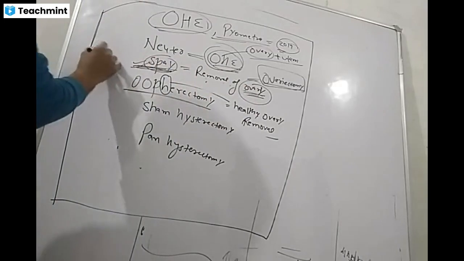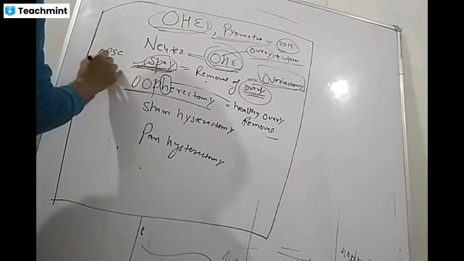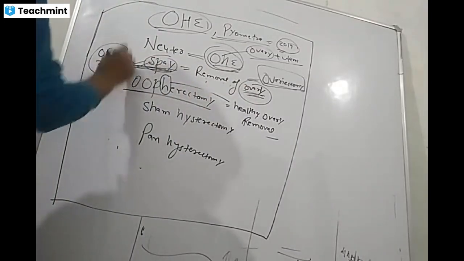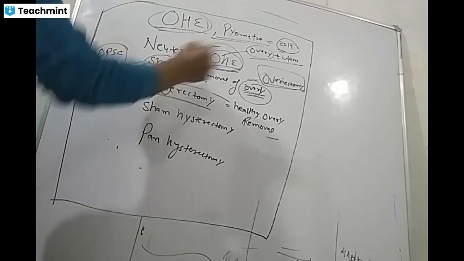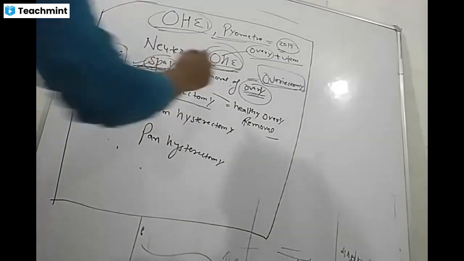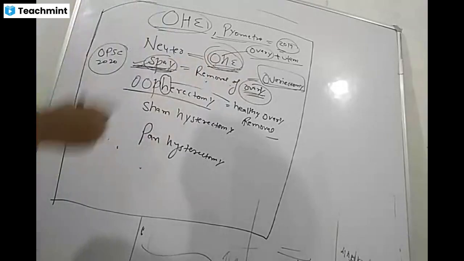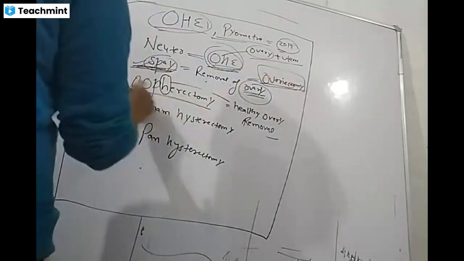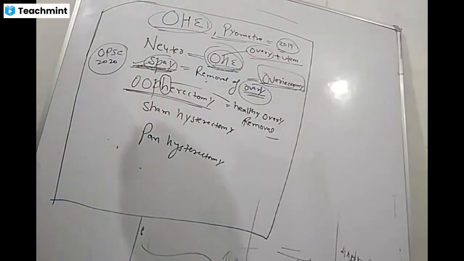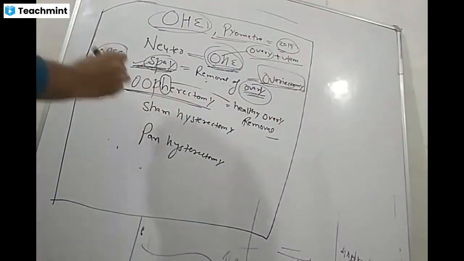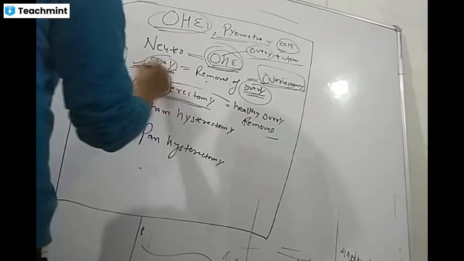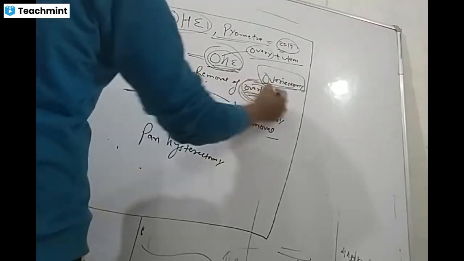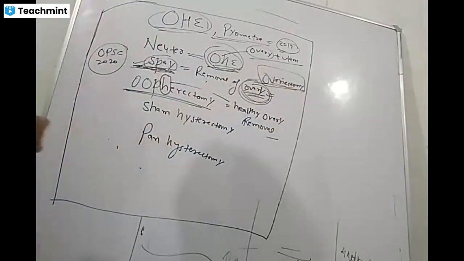In one of the PSC exams in 2020, they asked what the term spaying refers to. The first option was ovary hysterectomy, the second option was ovariectomy, and the third option was oophorectomy. So spaying is removal of only and only ovary, that is ovariectomy.